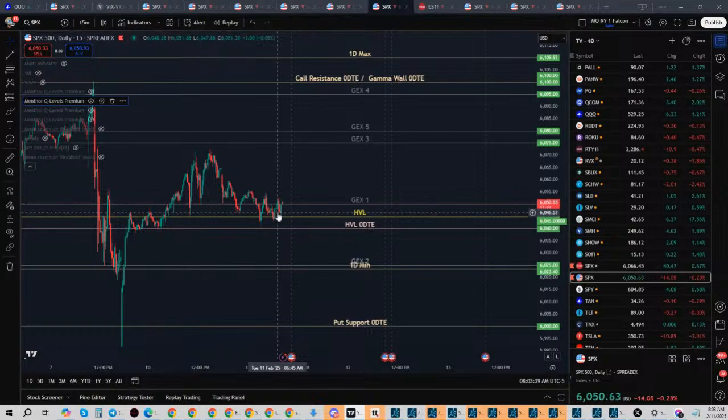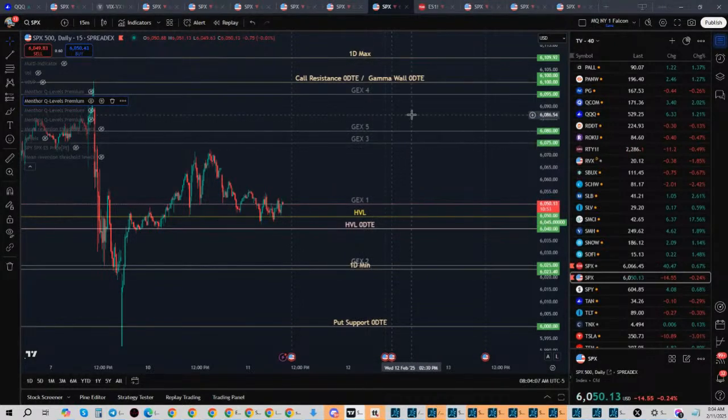Let's start with the upside. If we can stay above 60-50, then the path of least resistance, or the flow, takes us up towards 60-75. It's going to be a little bit of a lift to get there, and I'll show you why in a minute.